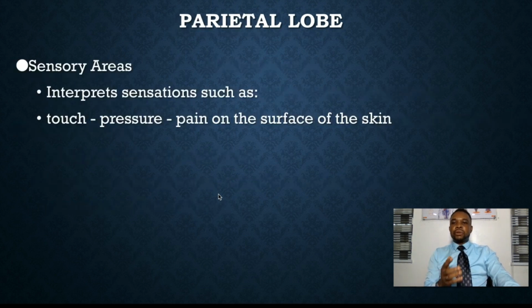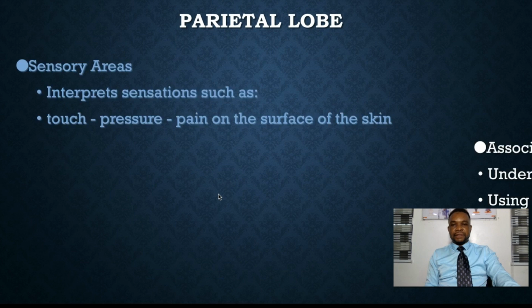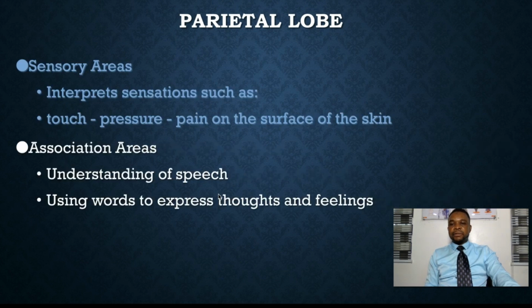So the next lobe of the brain is the parietal lobe. This parietal lobe is concerned with interpretation of the sense of touch, pressure, and pain on the surface of the skin. Some association areas are also responsible for understanding of speech, using words to express thoughts and feelings.